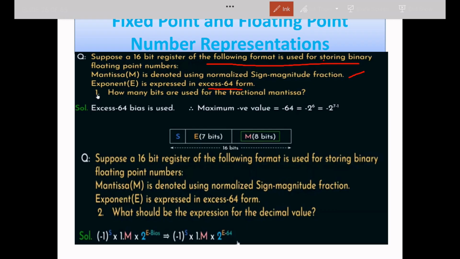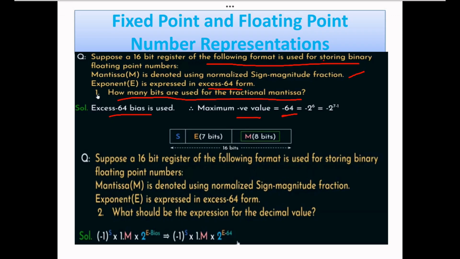He is asking how many bits are used for the fractional mantissa. This is bias 64, and for the maximum negative value you write minus 64.